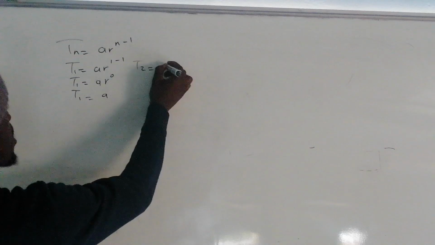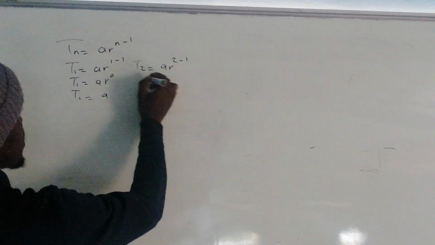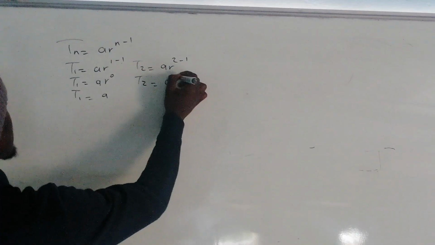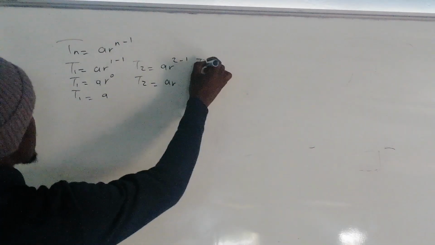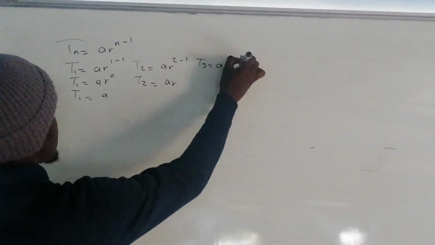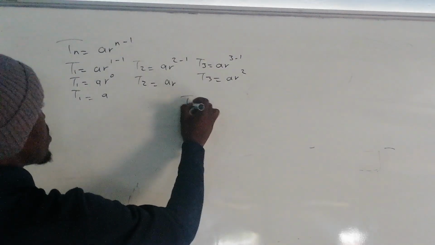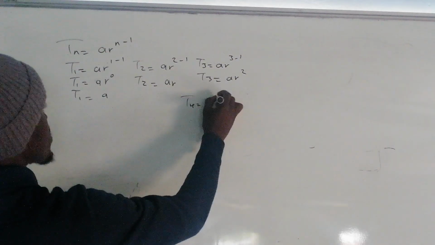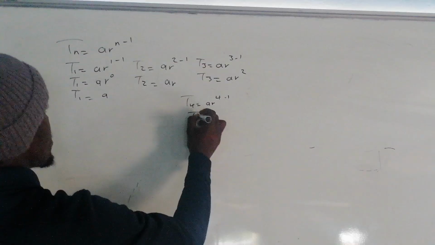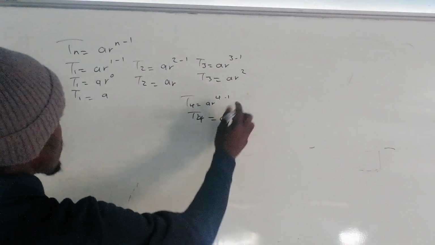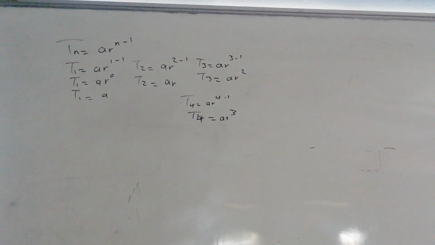T2 is AR to the power 2 minus 1. It will be AR to the power 1, which is AR. T3 is AR to the power 3 minus 1, which is AR squared. T4 is AR to the power 4 minus 1, which is AR cubed. It's one and the same thing as what we did when we showed you the arithmetic one.